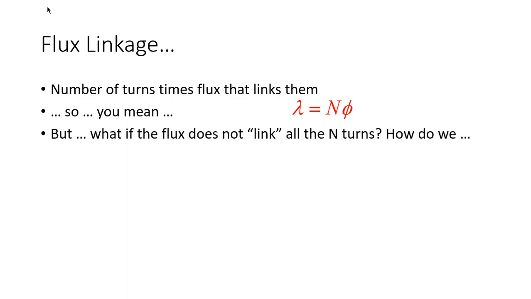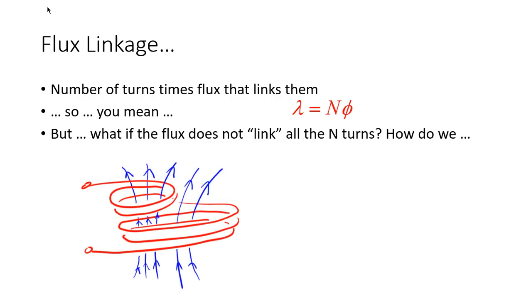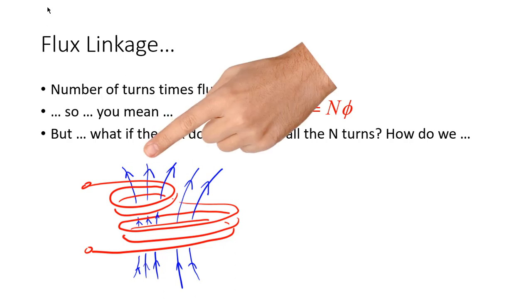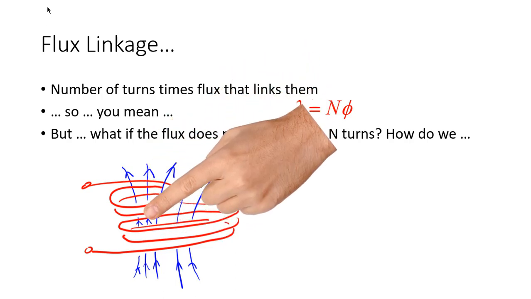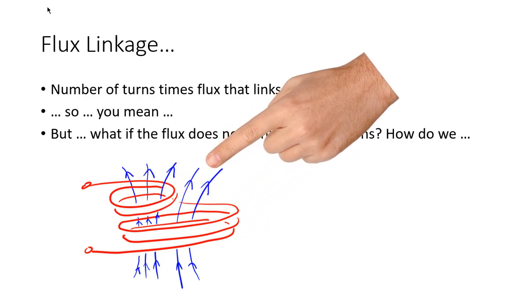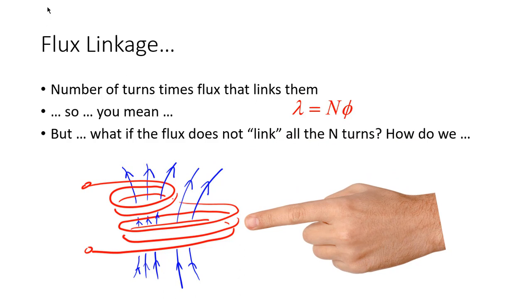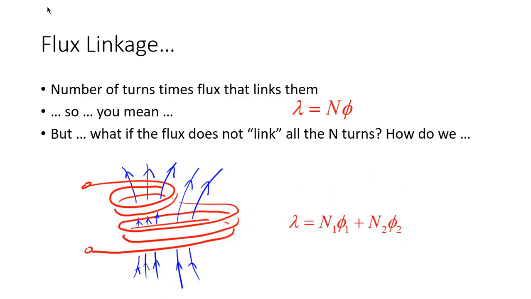But what happens if the flux does not link all the N turns? How can we compute the flux linkage then? As in this case, 3 lines of flux are linking 5 turns, but 2 of those flux lines are linking only 3 of the turns. How can we compute the flux linkage? Like this.